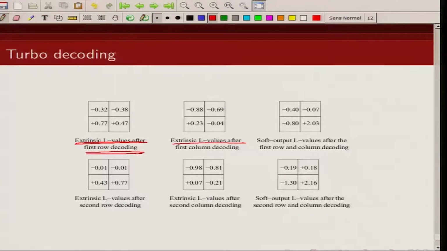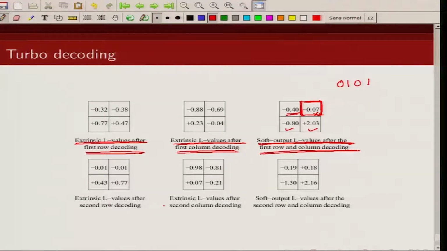This is the extrinsic information after decoder 2, and this is the APP value after decoder 1. Note that I have transmitted 0, 1, 0, 1. So, there the sign is okay, there the sign is not okay. This is after first decoding, this is in error, this sign is okay, this sign is okay.